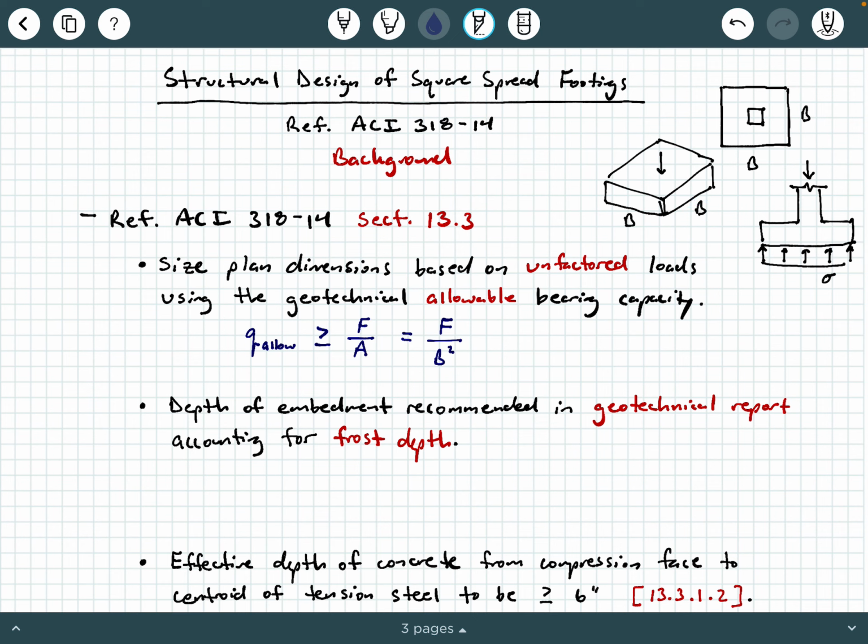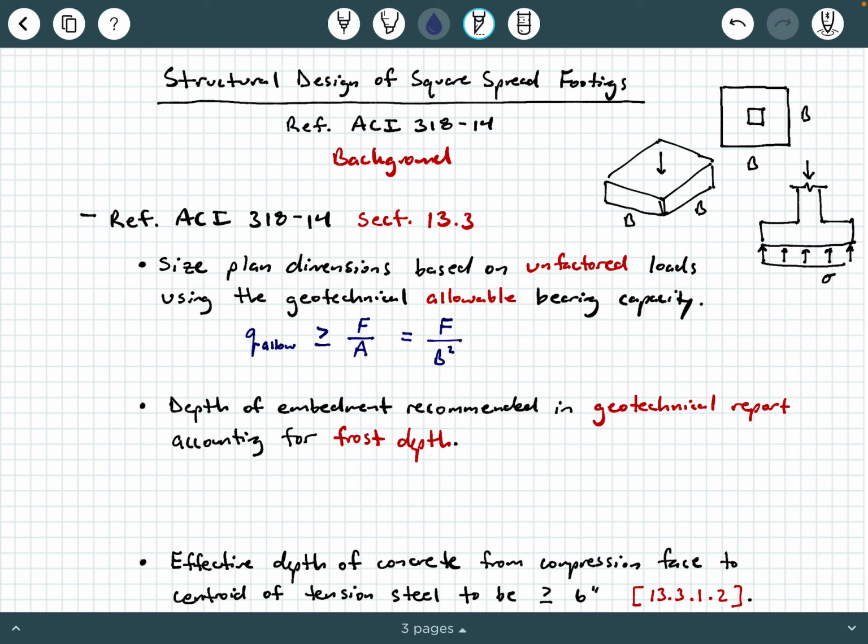That's what F represents here. And then we're talking about an allowable bearing capacity, Q allow. Typically, this Q allow already has an ASD factor of safety built into it. For spread footings, in most parts of the country in the US, it's usually a factor of safety of 3, sometimes 2.5, sometimes 3.5, but usually 3 is already incorporated into this. And again, this is usually a geotechnical step.